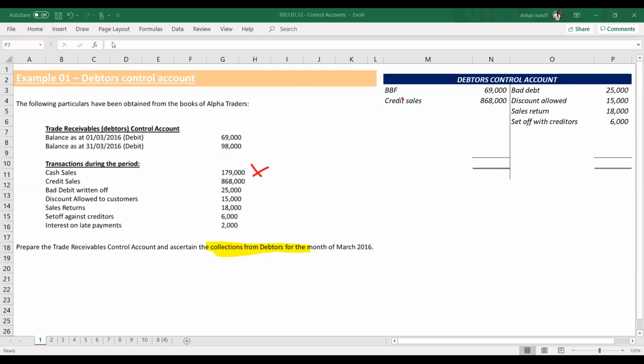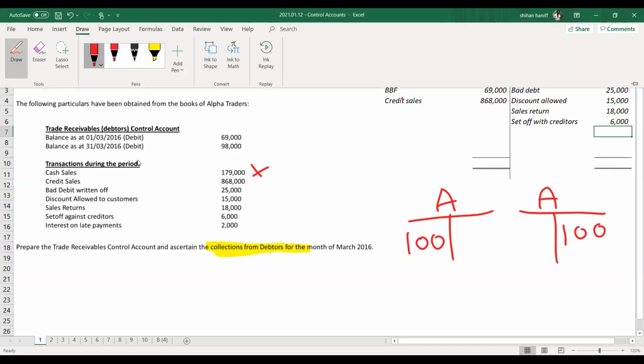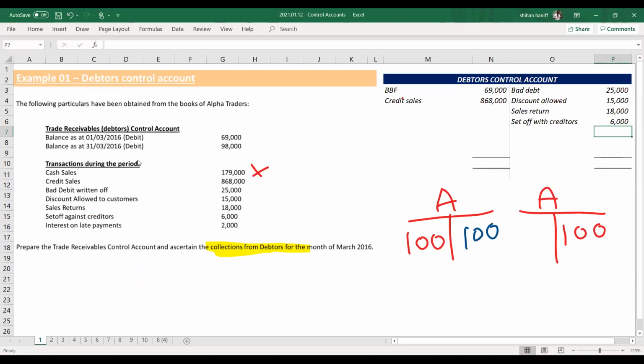Set off with creditors. So what is set off with creditors? Let me explain that. A has a 100,000 debit balance, and the same person needs to pay him 100,000. So we can settle that and set off. So this is the debtors account.